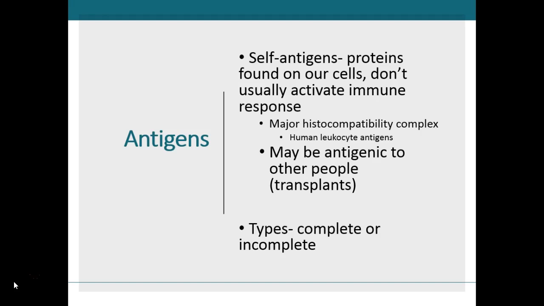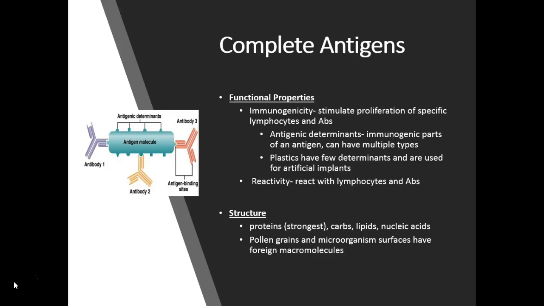So this recognition of self-antigens or foreign antigens is the important first step in mounting that immune response against those foreign antigens. So there are two major types of antigens, complete and incomplete. Antigens have two important characteristics, immunogenicity and reactivity.